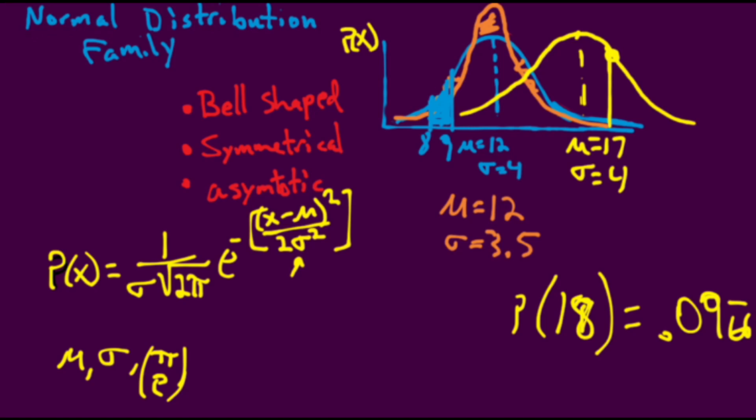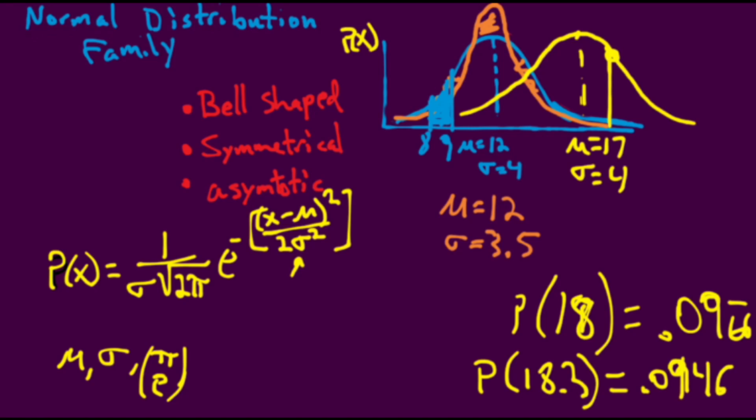And we could do that again with other values, like 18.3. So we do not need to do this, but I want you to understand that this formula is giving us the normal distribution. And so at 18.3 this becomes 0.0946.